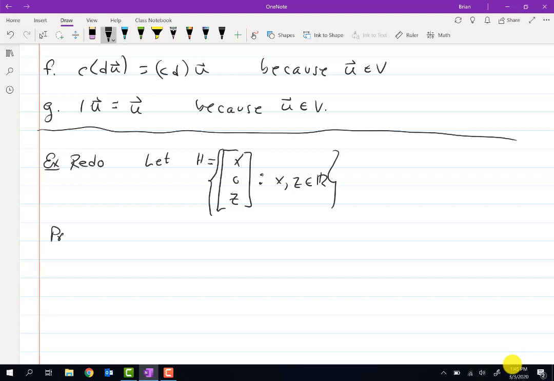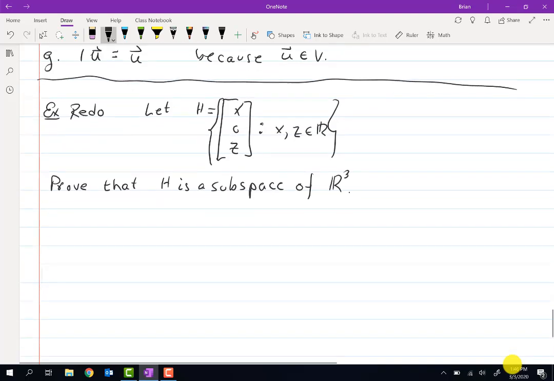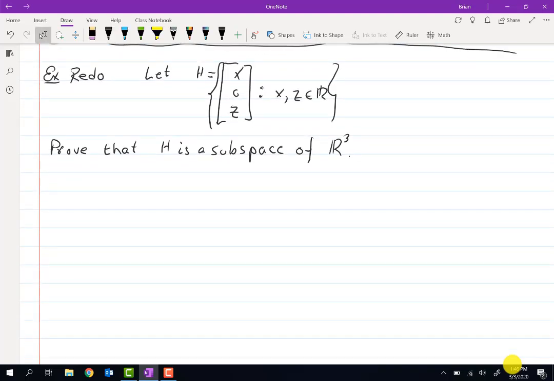Prove that H is a subspace of R3. So we need 3 things to prove. First, let's start with, and here begins the proof.